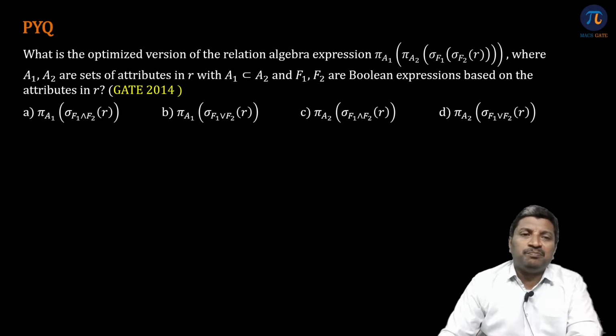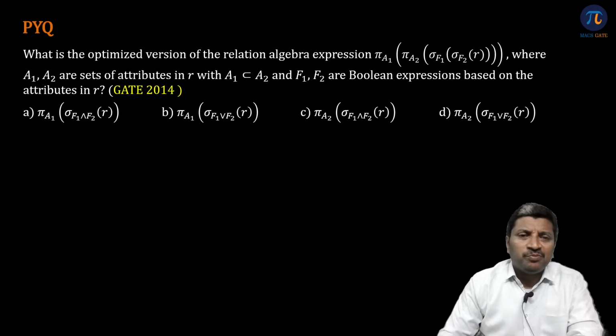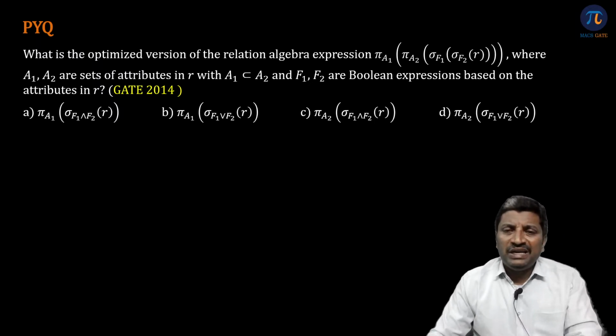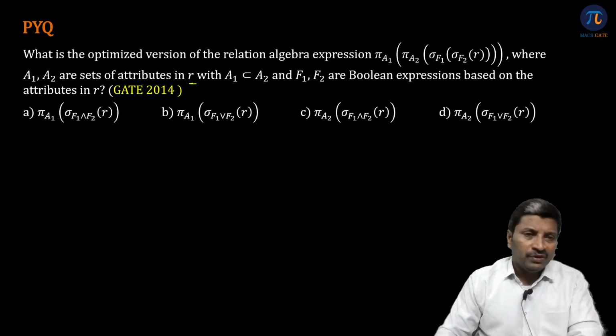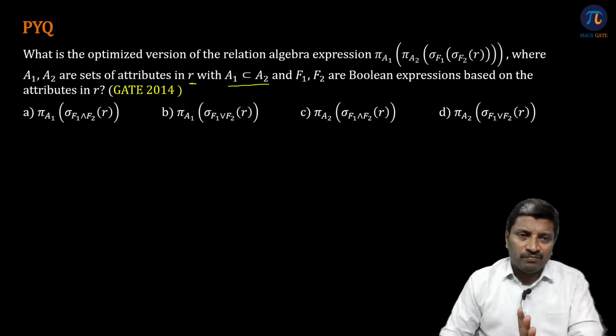Now let us do one of the previous questions. Just go through the question, sir. What is the optimized version of the relational algebra expression? Pi a1 of pi a2 of sigma f1 of sigma f2 of R, where a1, a2 are sets of attributes in the relation with a1 subset of a2. f1, f2 are Boolean expressions based on the attributes in R. Right?